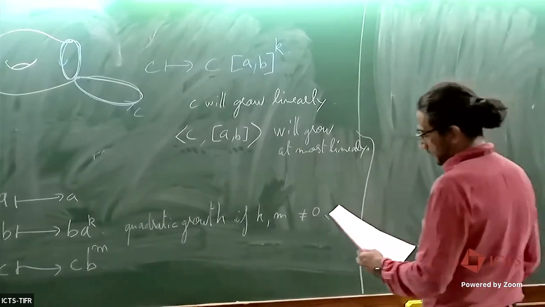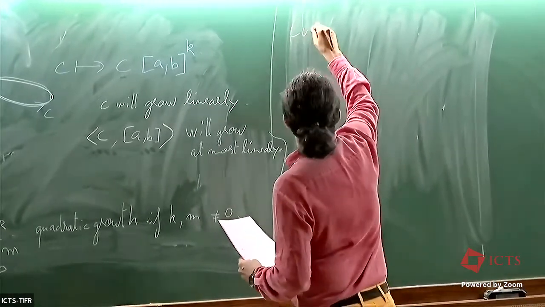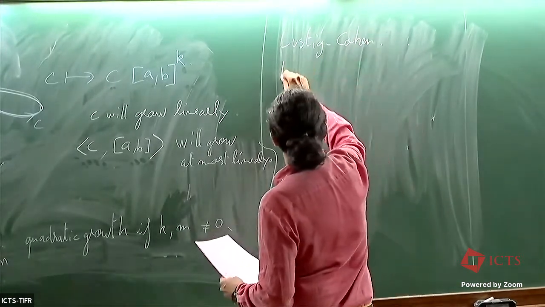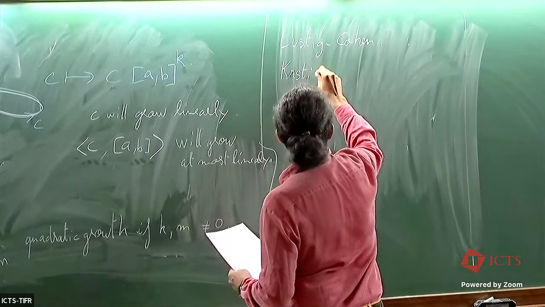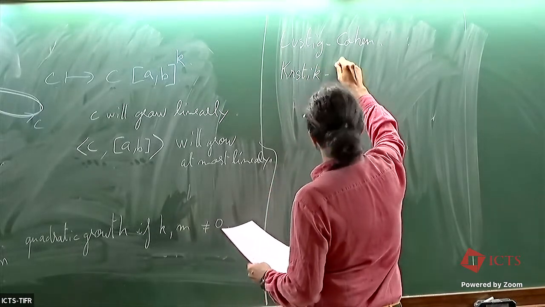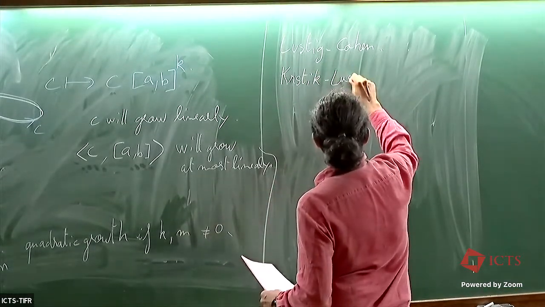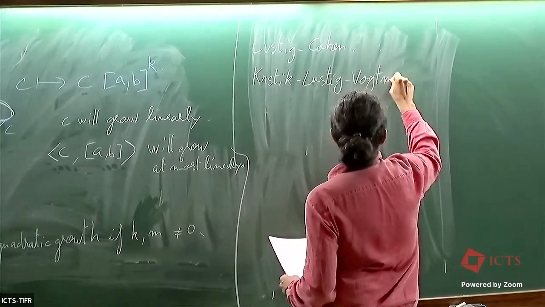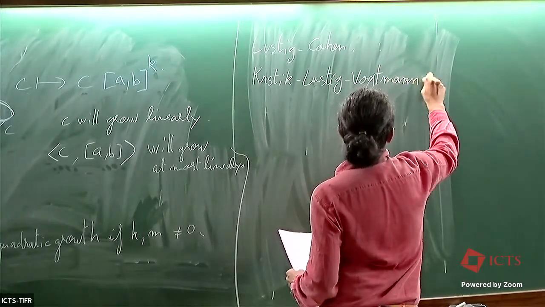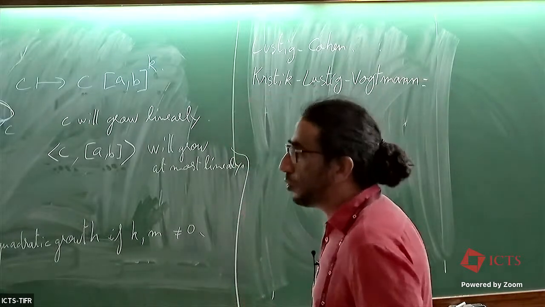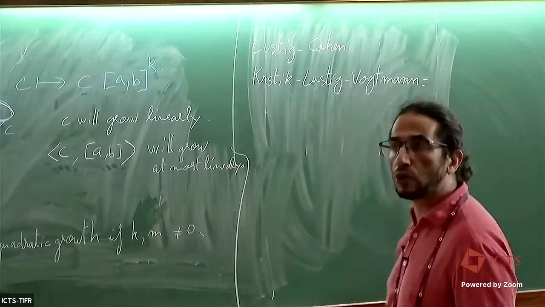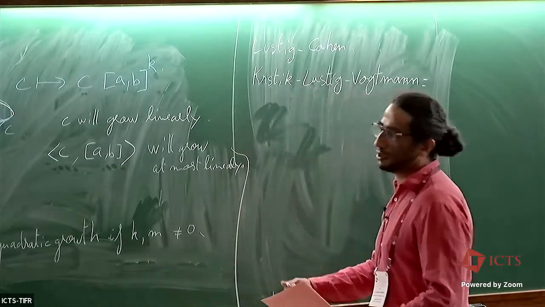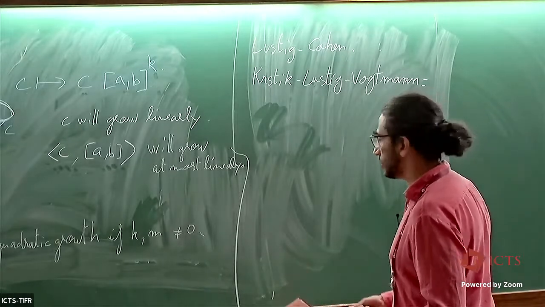So I want to evoke Lustig-Cohen and Lustig-Voigtman. The degree 0 and degree 1 polynomial growth. The conjugacy problem is solved for automorphisms of degree 0 or degree 1 polynomial growth.